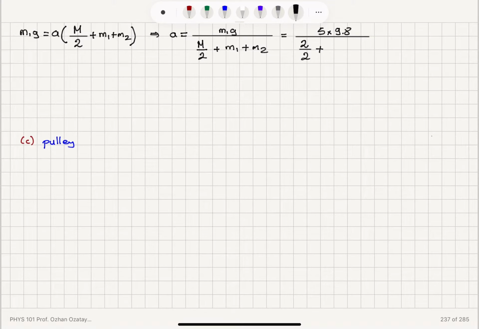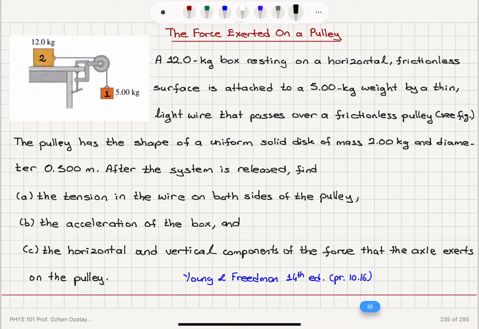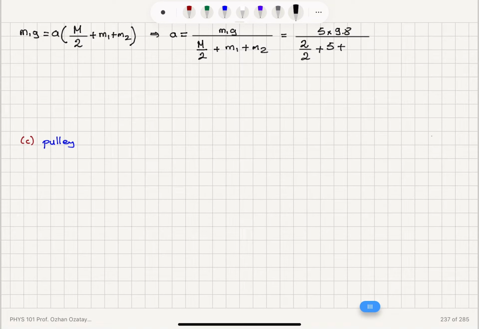We have 5 kilograms and M2 is the mass of our block, and that is a 12 kilogram block you can see here. So we're going to put 12, and this gives us 2.72 meters per second squared.